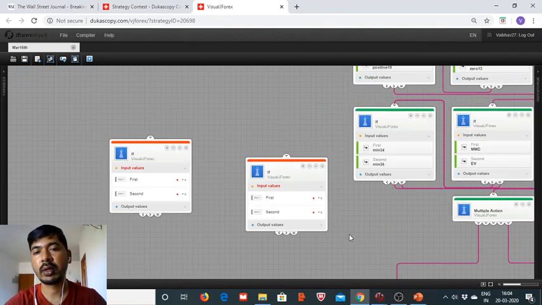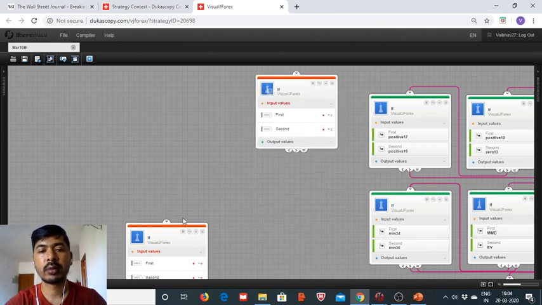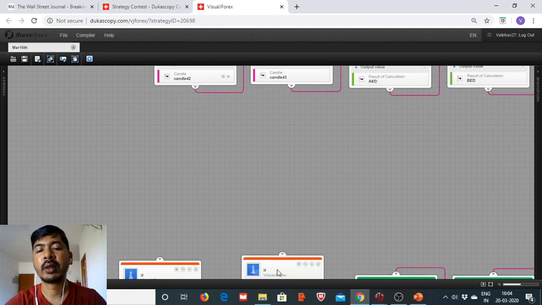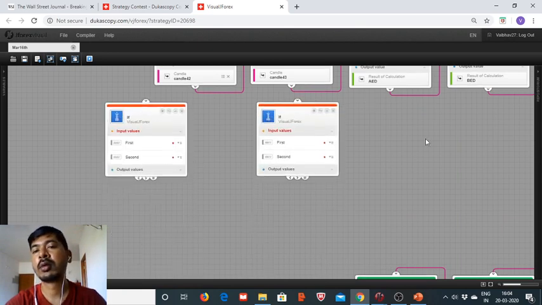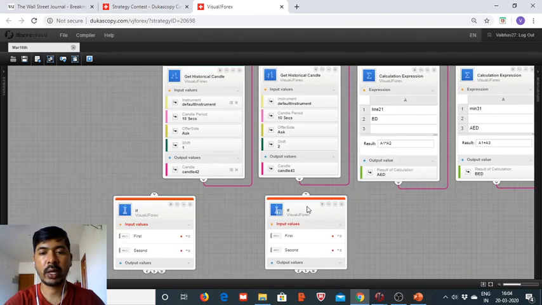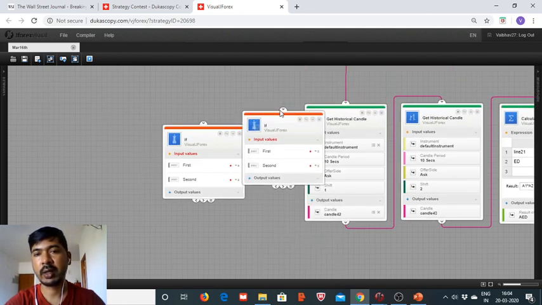So now let us add the comparison. So here it is. We are going to rely on bid data for the buy side.